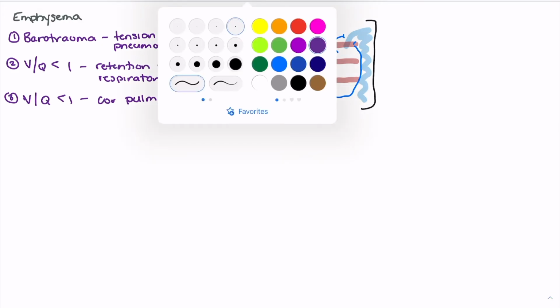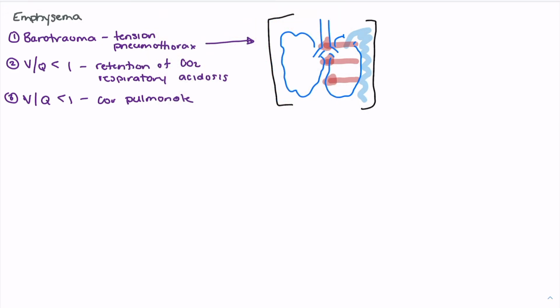So when we're looking at tension pneumothorax, the big problem is that we start to see increased pressure on the mediastinum, and eventually that is going to lead to increased pressure on the heart and the great vessels, which is going to impair their ability to pump blood forward.